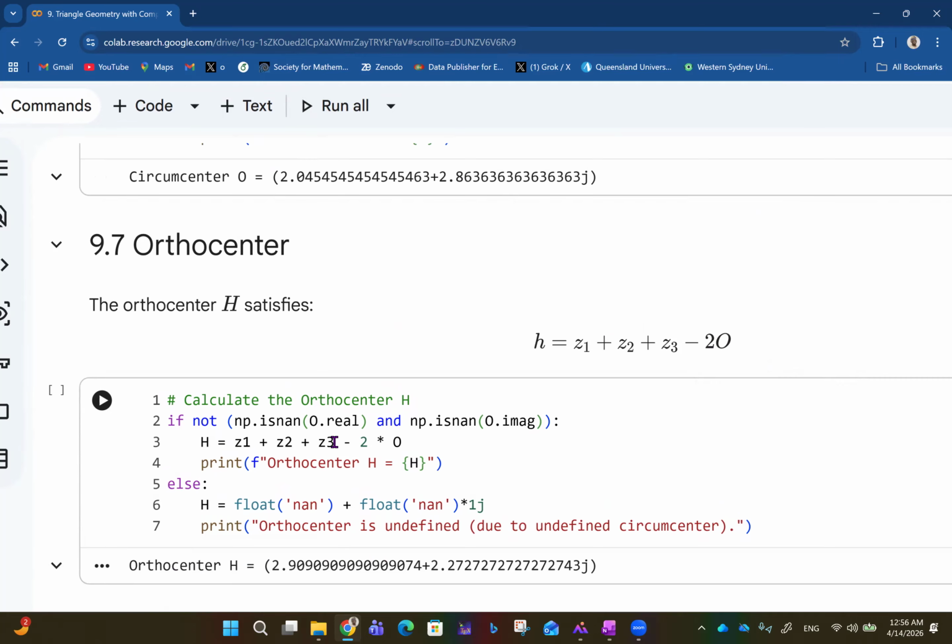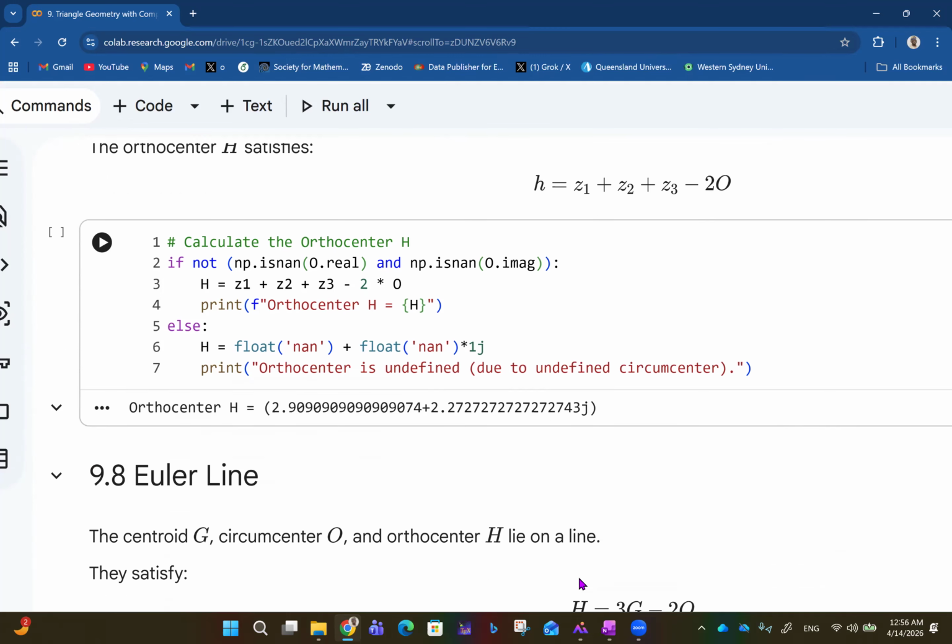So you get the orthocenter H to be 2.91 for the real part, and then plus 2.27 for the imaginary part. So 2.91 comma 2.27, or if you like 2.91 plus 2.27j.